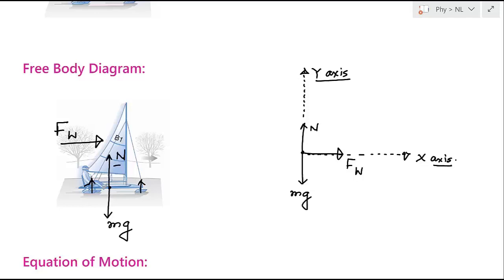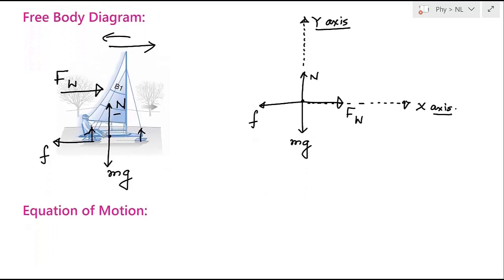So this is moving in this direction, so the friction force will act in this direction. The friction force acts at the point of contact between the ice boat and the horizontal plane, and the magnitude is F.